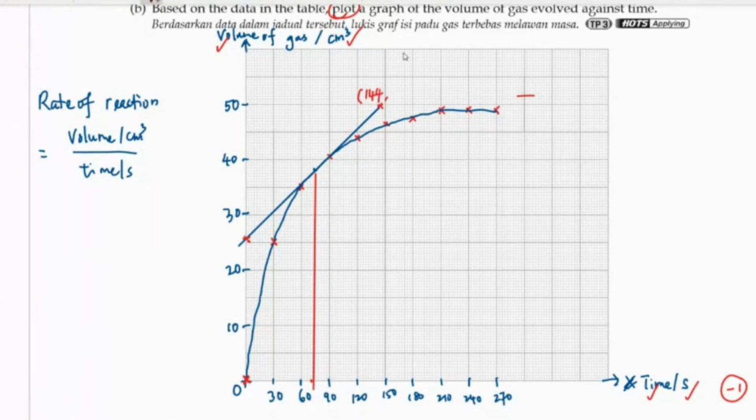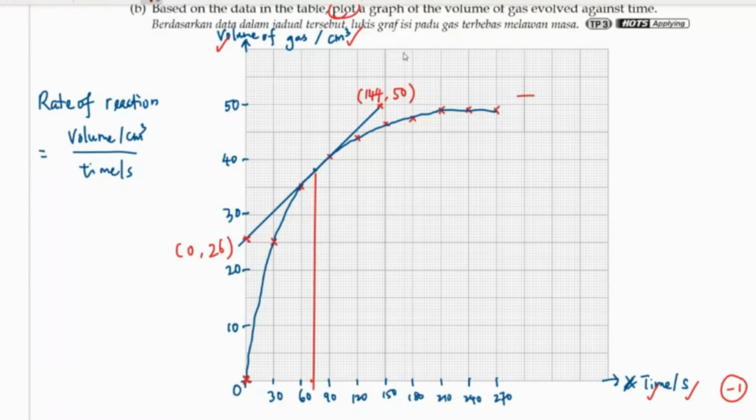Okay, y is 50. How about this? This one x is 0, easier to see. Then y is 26. So I would like you to find your own, not necessarily follow mine, maybe slightly different, never mind.